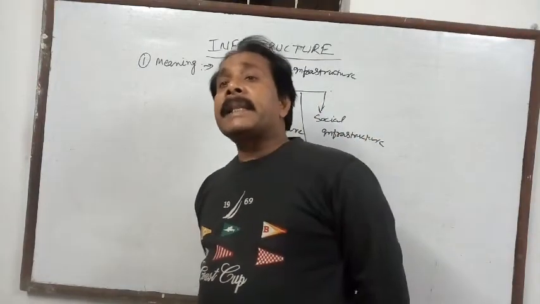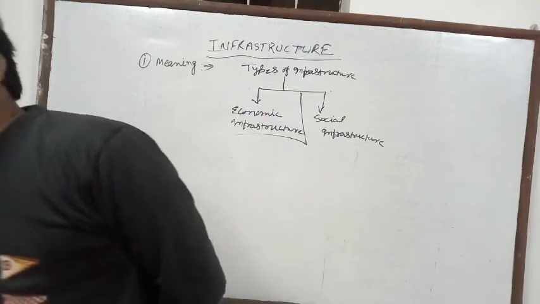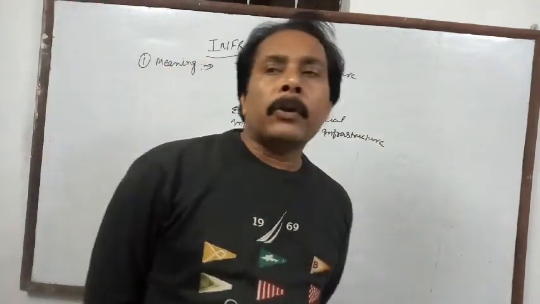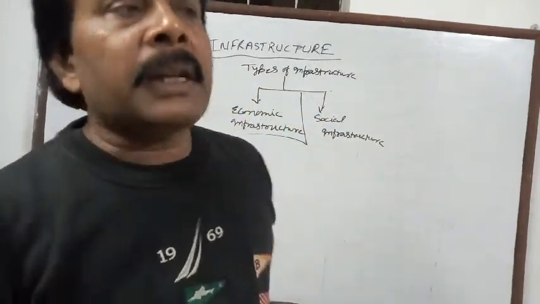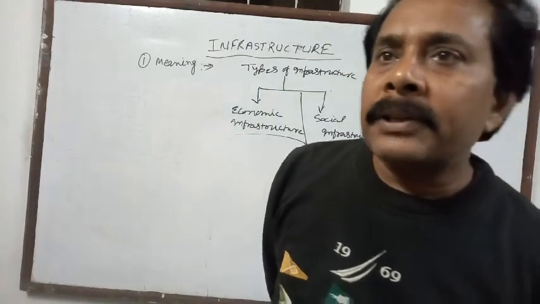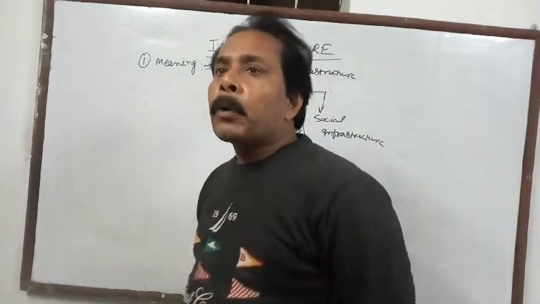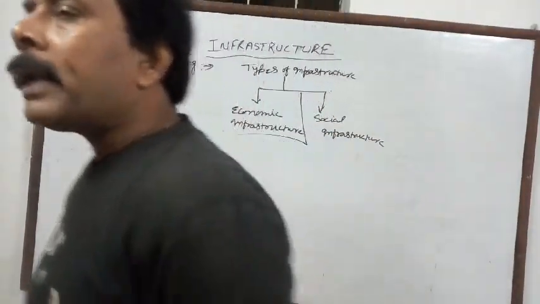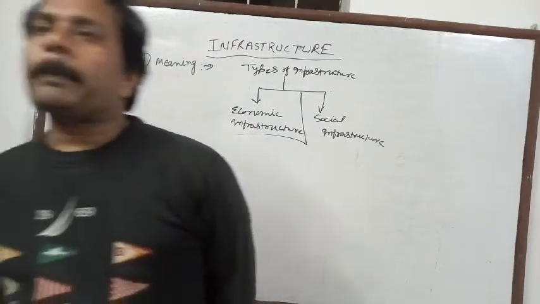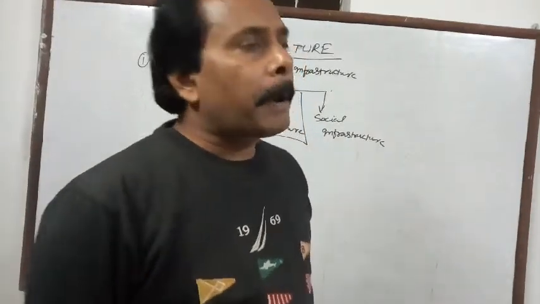So we can say it enhances the quality of human resource and increases the efficiency of human capital. In other words, we can say that it improves the human capital stock. It also promotes social development.